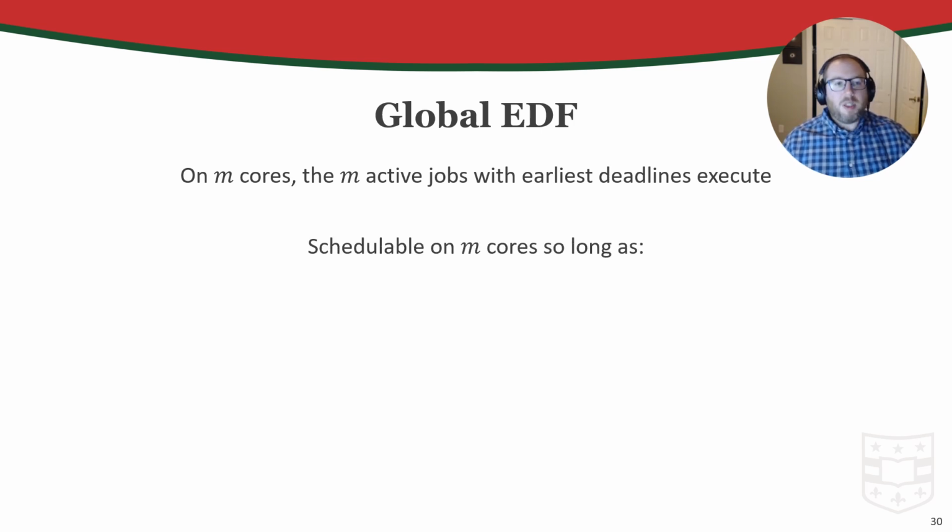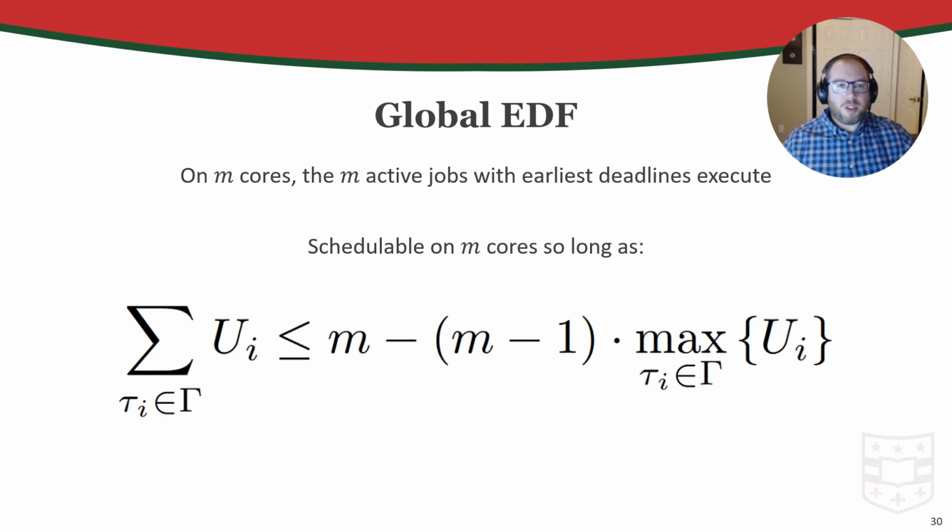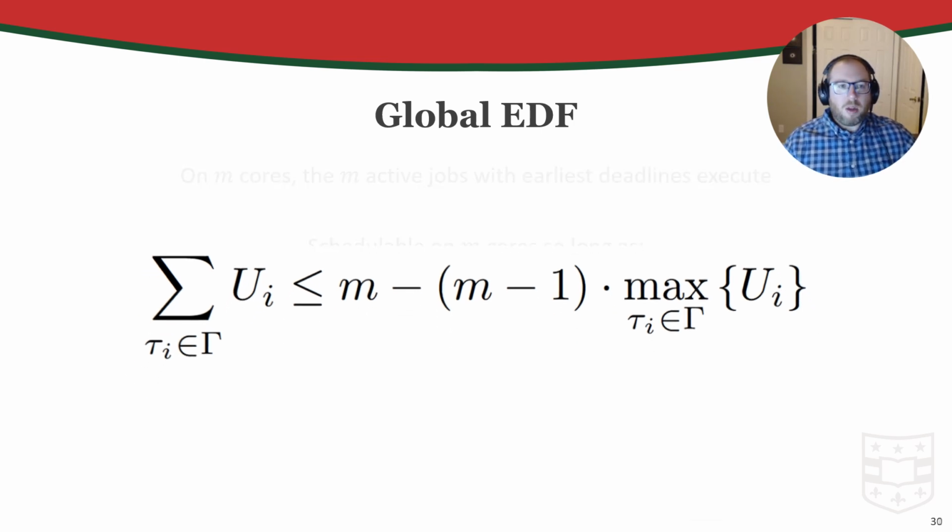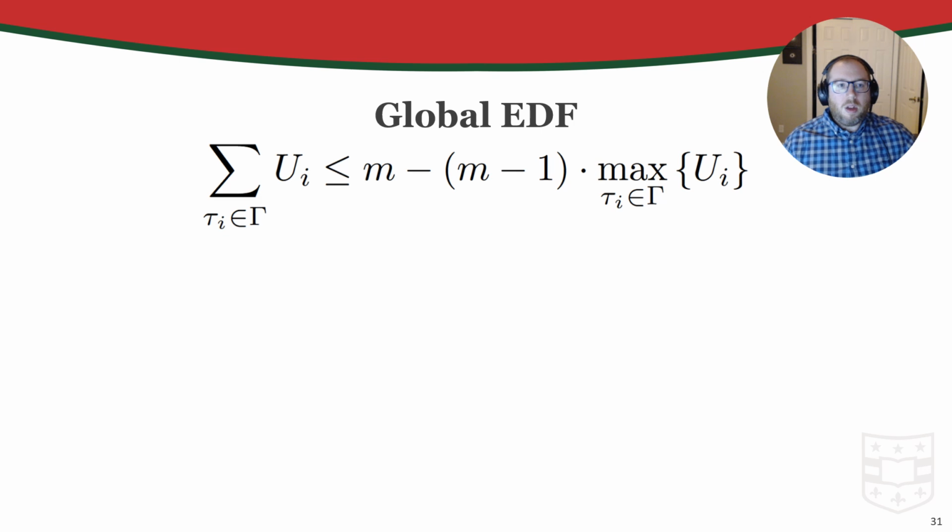Global EDF is then schedulable on M cores so long as the total utilization does not exceed this bound. Now notice that the utilization bound in global EDF includes a term that subtracts the maximum among the task utilizations. So let's call this maximum U sub j.